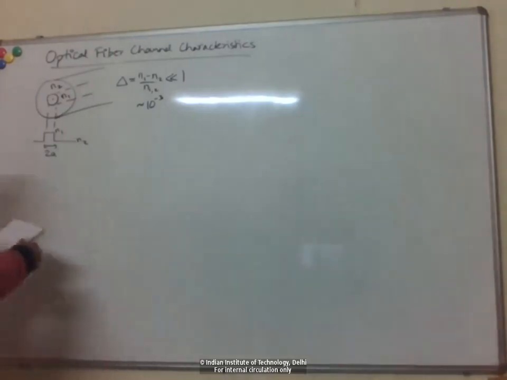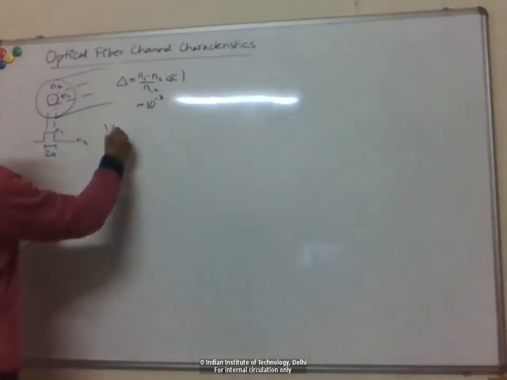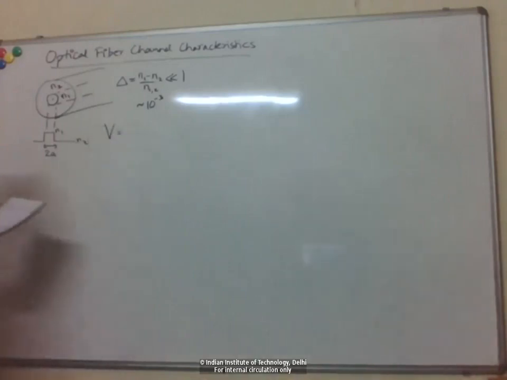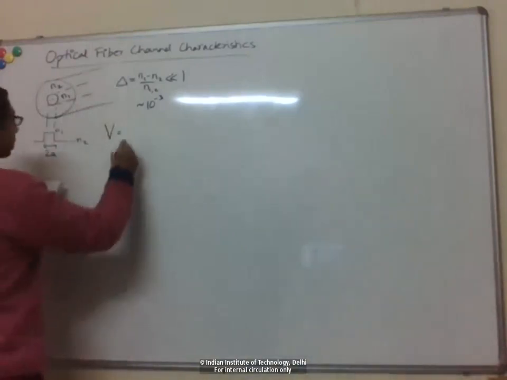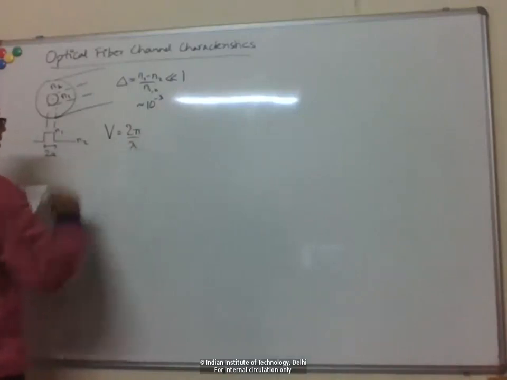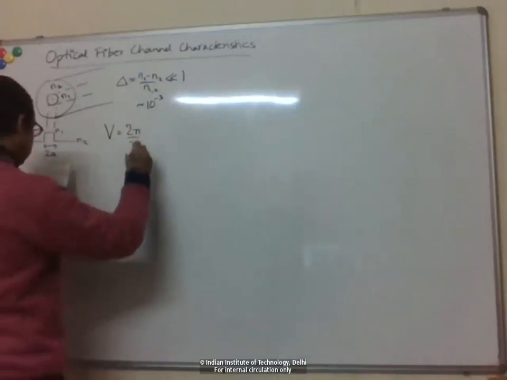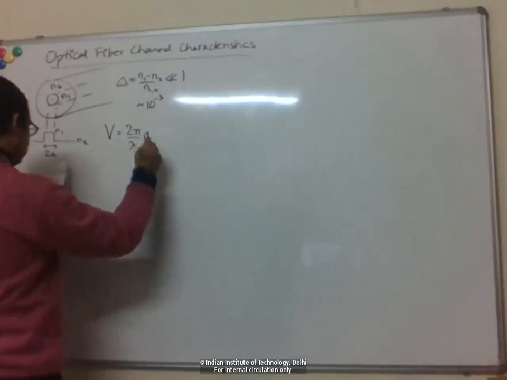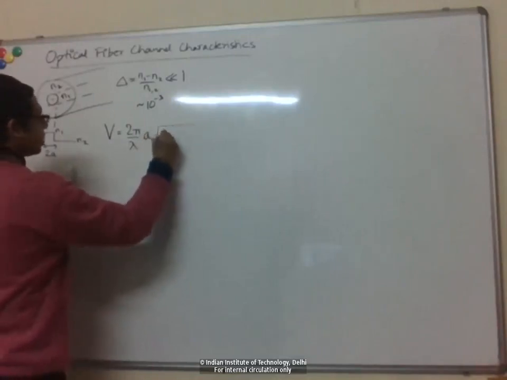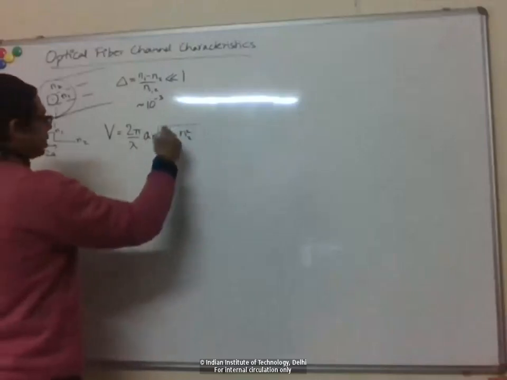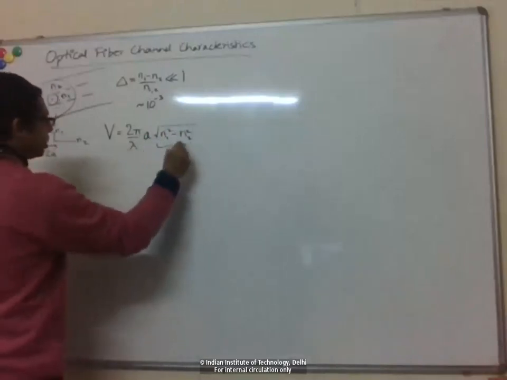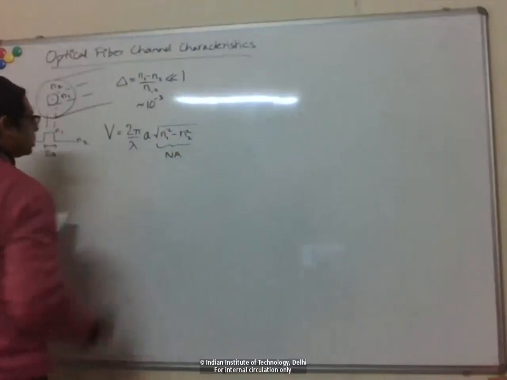And there is this quantity defined as the V number, which depends on the core size and this index difference. It's defined as 2 pi over lambda, where lambda is the wavelength of operation, times the core radius, times the square root of n1 squared minus n2 squared. This quantity, the square root of n1 squared minus n2 squared, is also known as the numerical aperture.